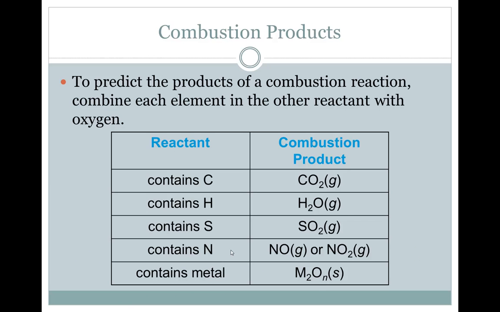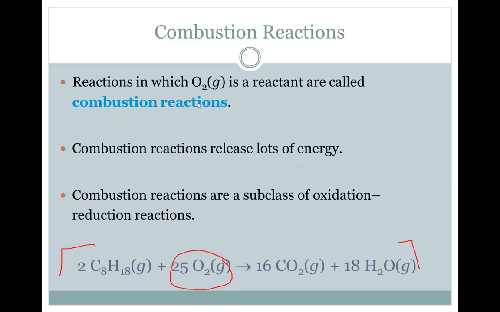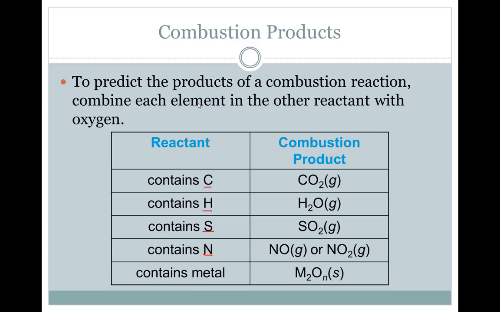So how exactly do you predict the products of these combustion reactions? Well, it all depends on what your starting materials are and how they're going to bind up with oxygen. So when we're looking at a compound, for instance here we have C8H18 plus oxygen, we want to examine this compound and break it down to those elements.